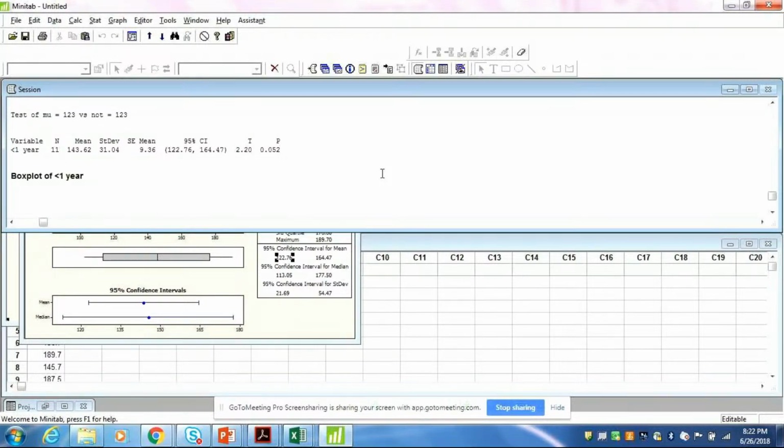That means null, which makes sense. We were right beside it. Null hypothesis means there is no significant difference between the hypothesized mean and the sample mean. Hence, it will not be advisable to take this mean of 123 as a targeted mean for the project.